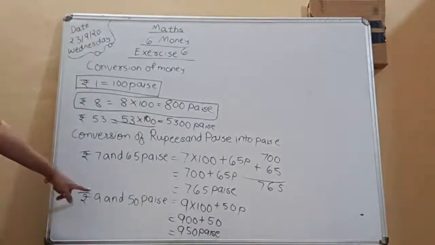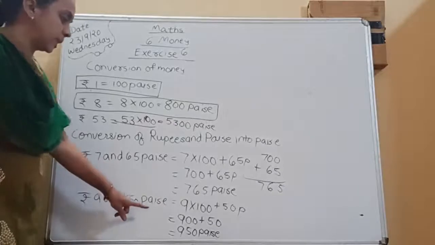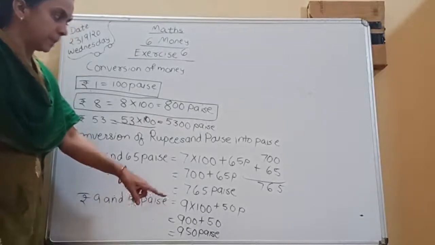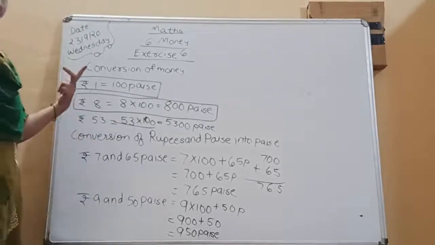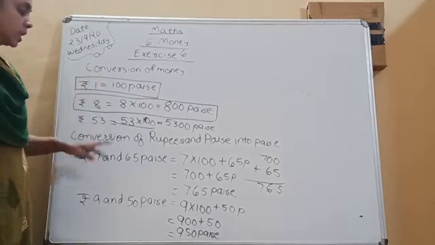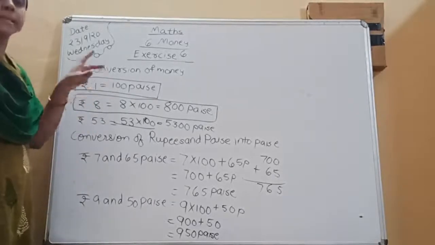Means 9 rupees 50 paise consists of how many paise? 950 paise. So in this way we have to find out all the examples in exercise 6b.